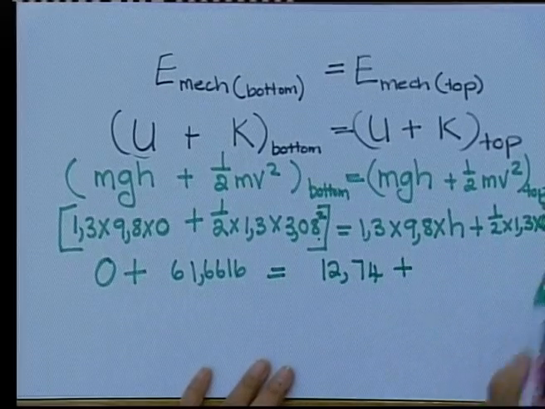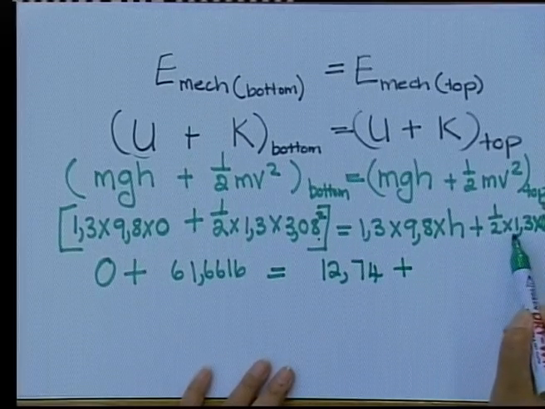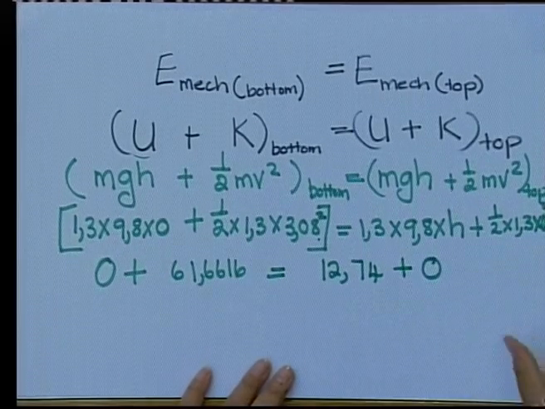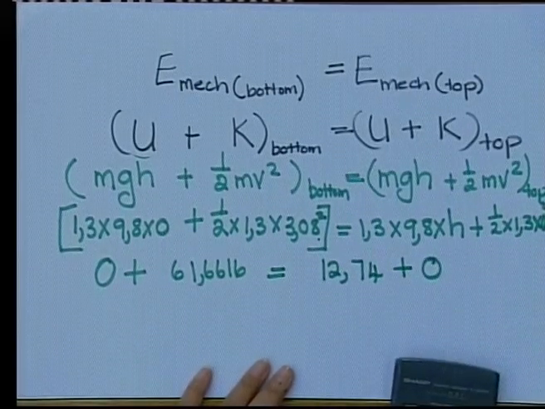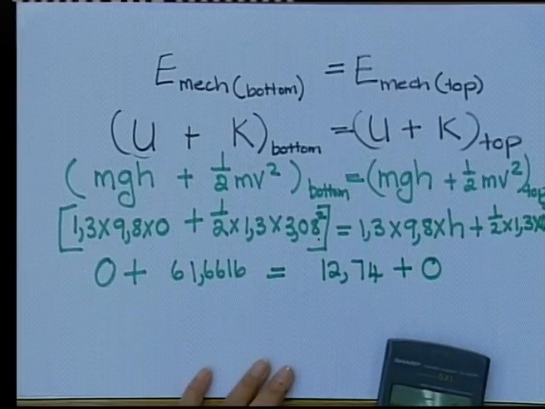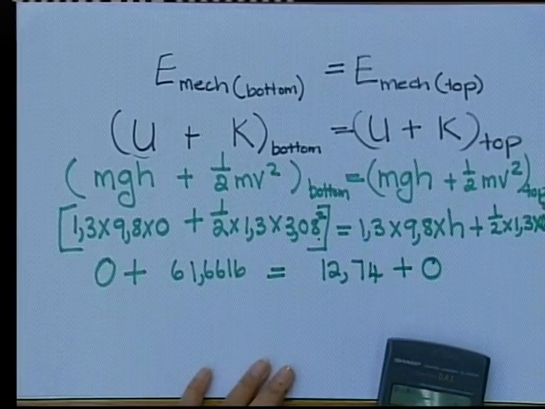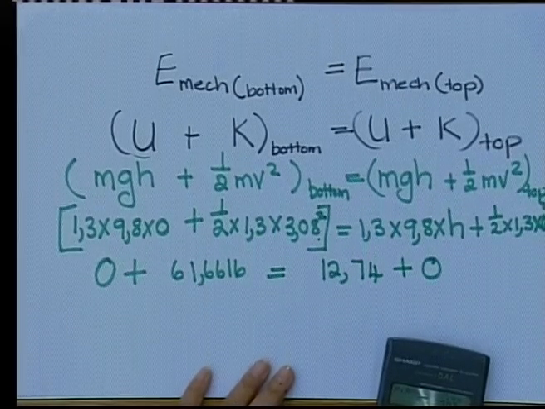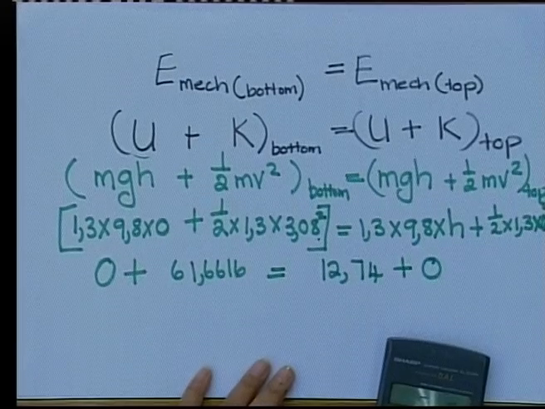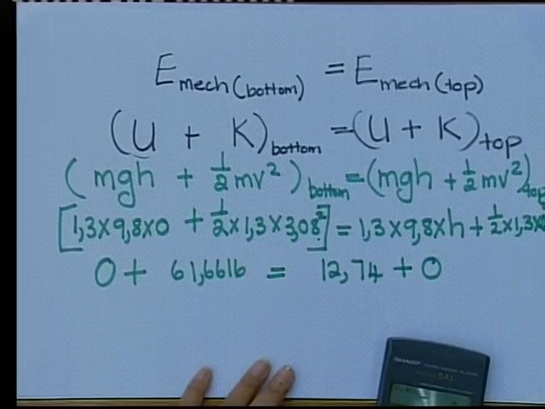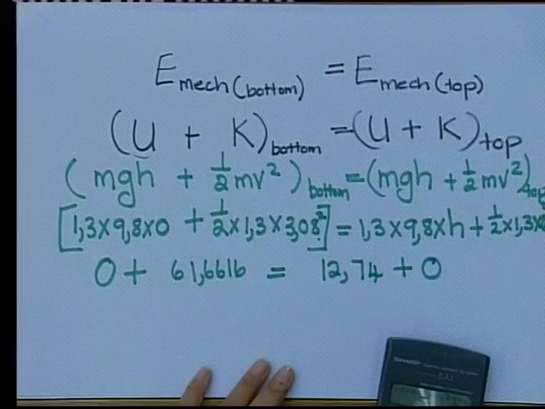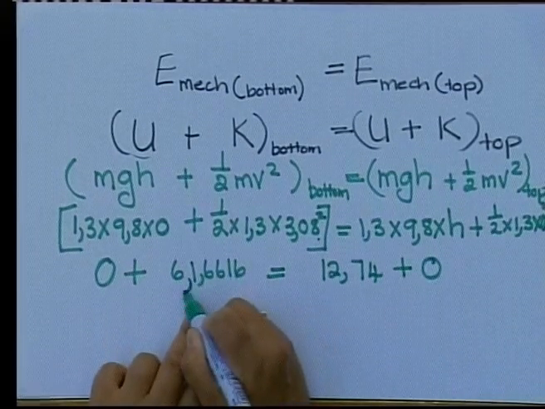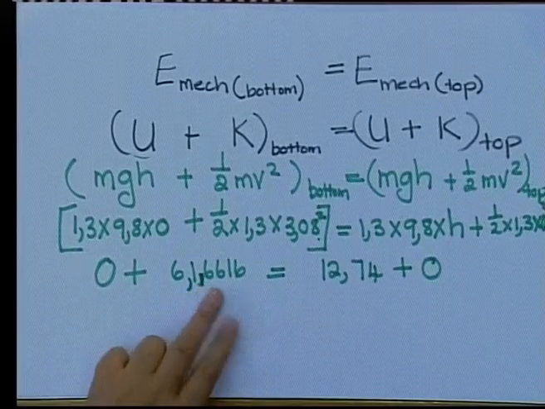Plus a half times 1,3 times 0 squared will give you 0. Sorry, I did make a mistake. That's 6,16616.